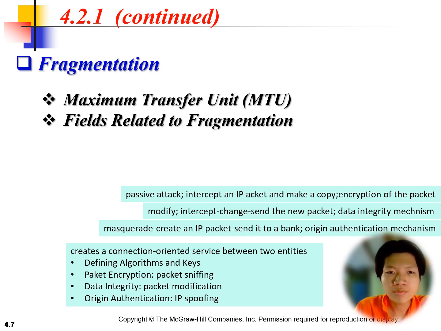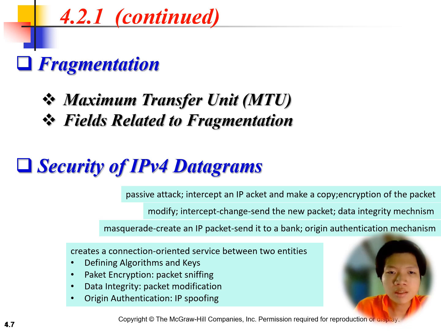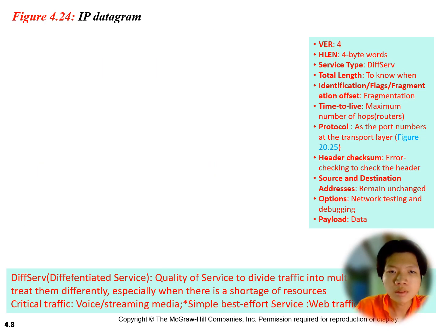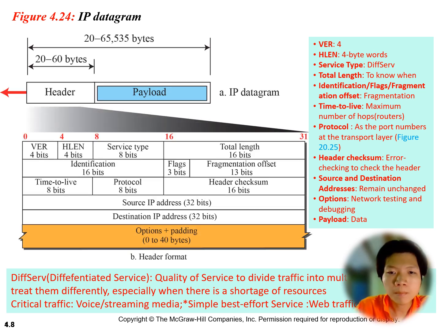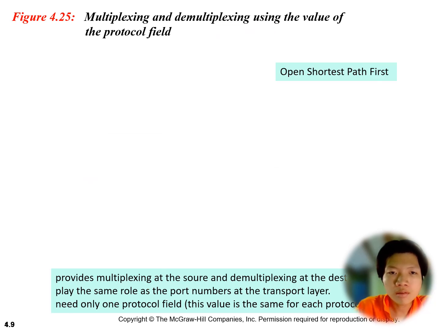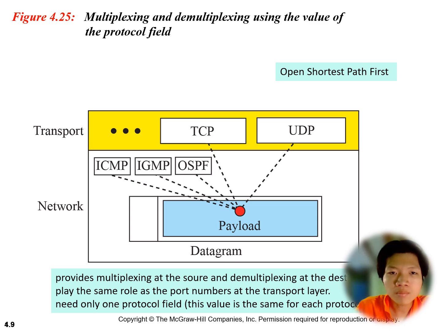The topic is fragmentation and security of the IPv4 datagram. Here is a figure of the IP datagram. And this is multiplexing and demultiplexing using the value of the protocol field.